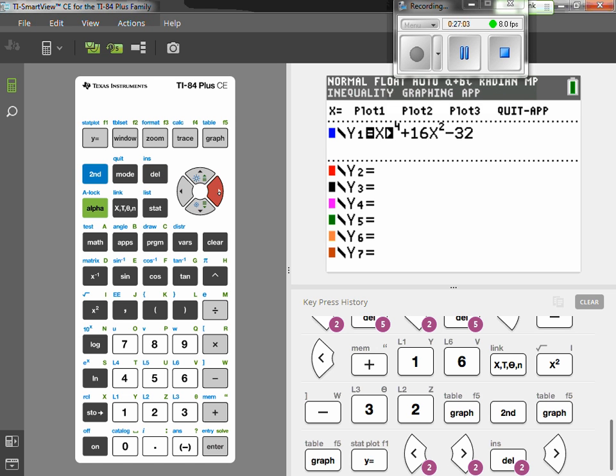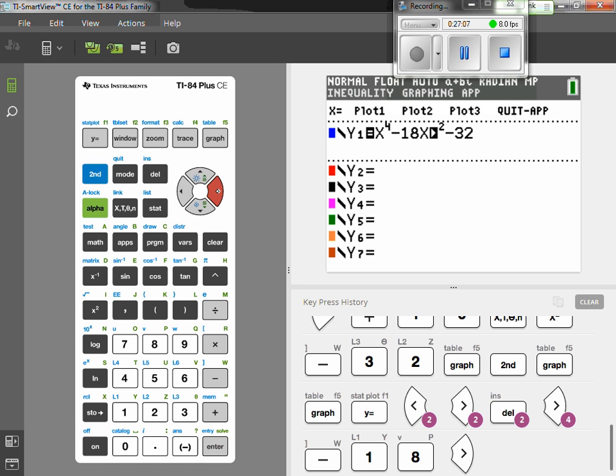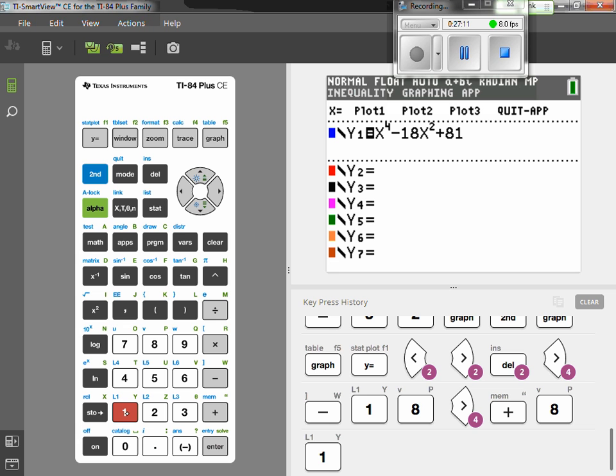So this time we have x to the fourth minus 18x squared plus 81.